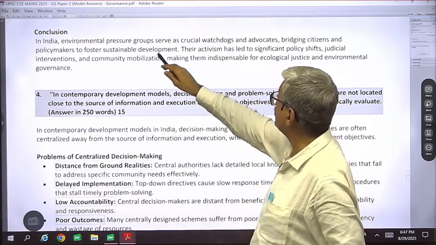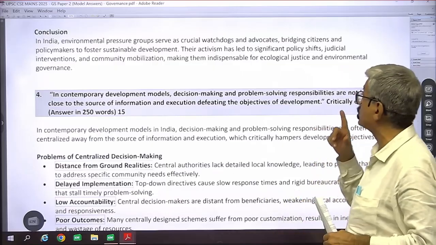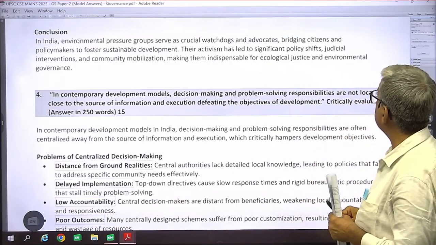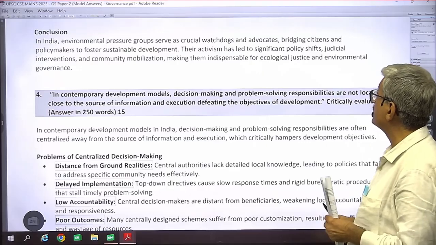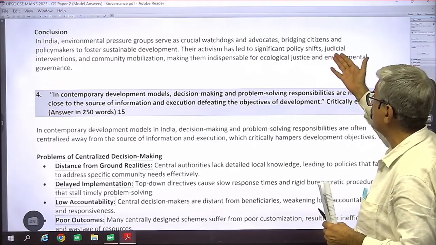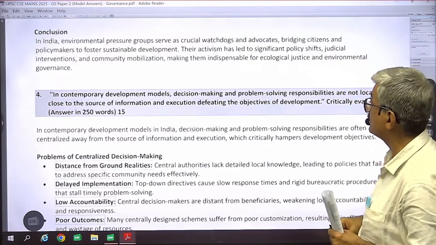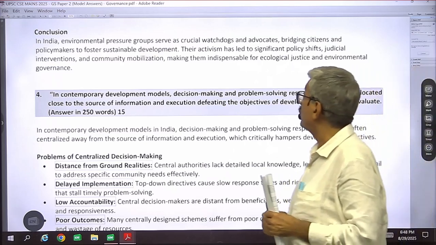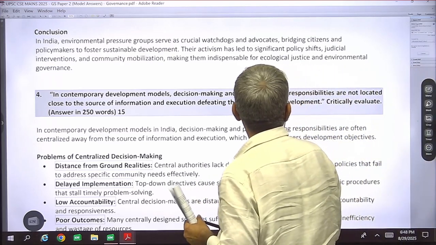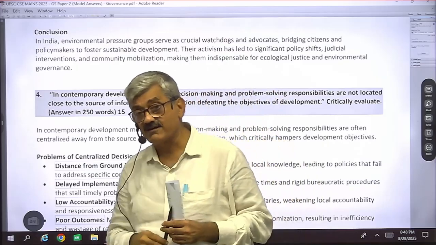In India, environmental pressure groups serve as a crucial watchdog and advocates, bridging citizens and policymakers to foster sustainable development. Their activism has led to significant policy shifts, judicial interventions, and community mobilization, making them indispensable for ecological justice and environmental governance.